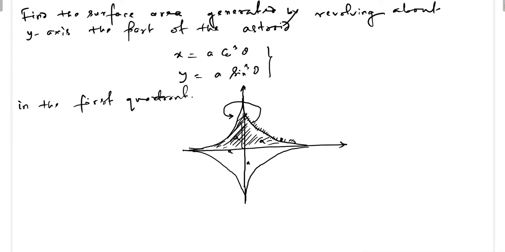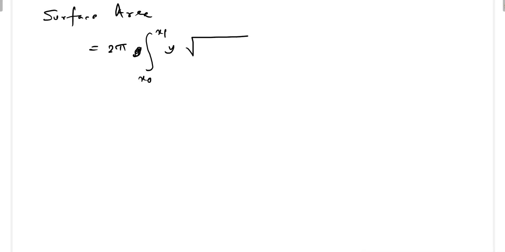So if you know the formula for surface area, this is the formula for surface area: 2 pi times the integral from x0 to x1 of y into the square root of 1 plus (dy by dx) whole square dx.